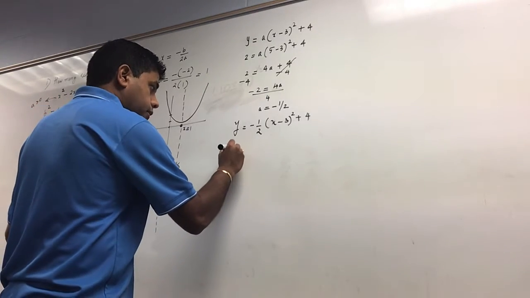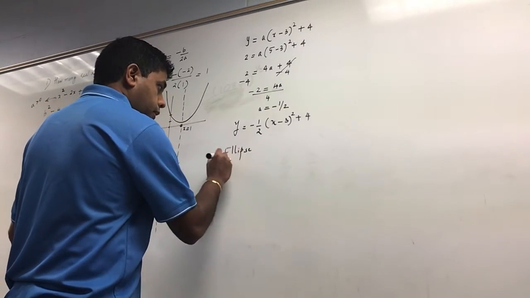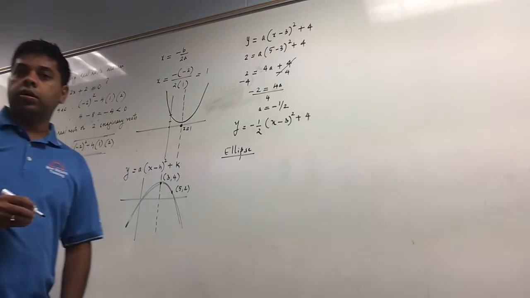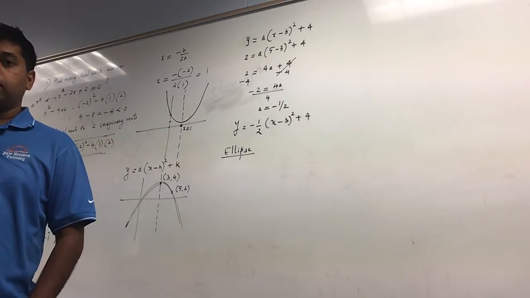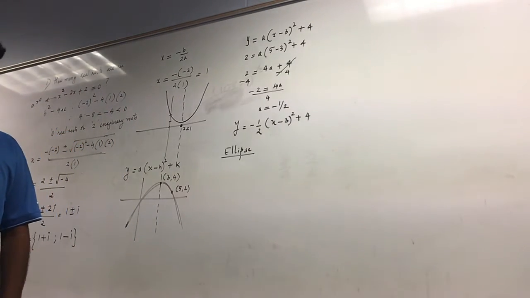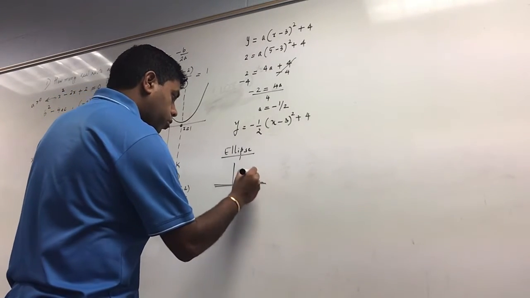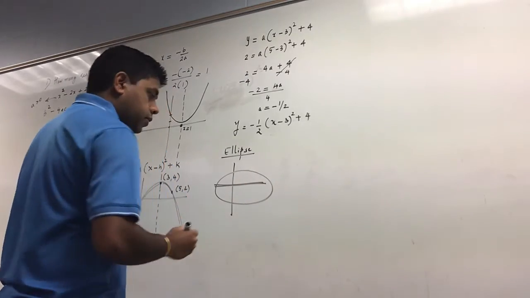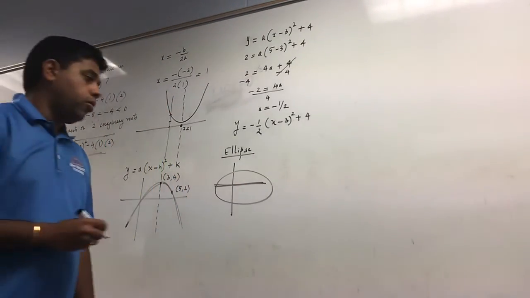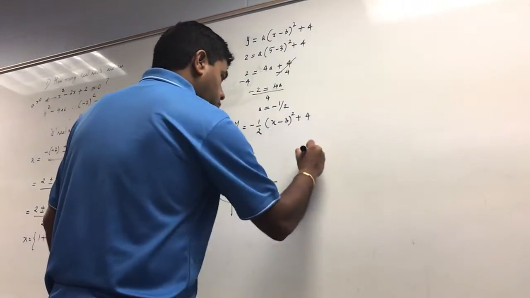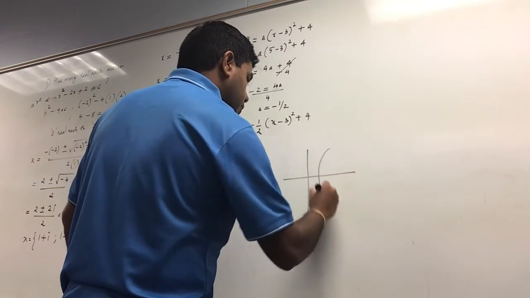Next is the ellipse. Have you done ellipse in school? There are 2 types of ellipse. One is the horizontal ellipse. One is the vertical ellipse.